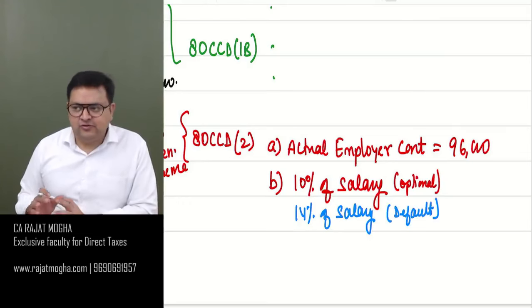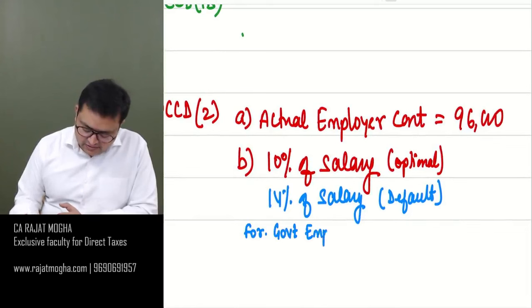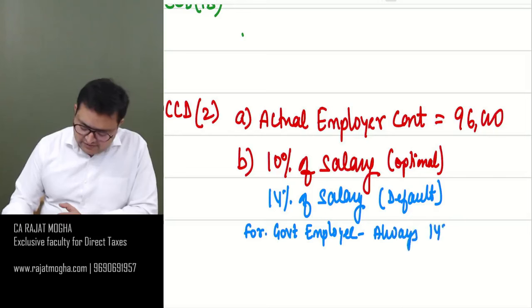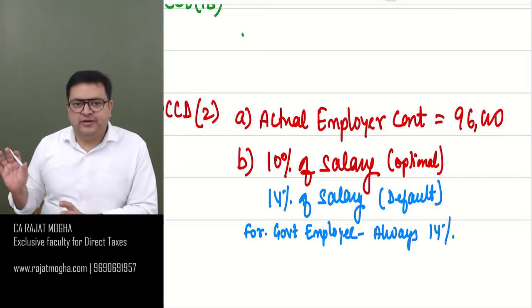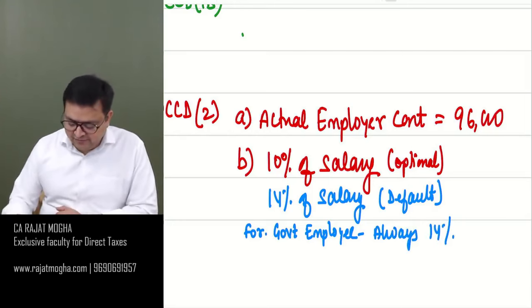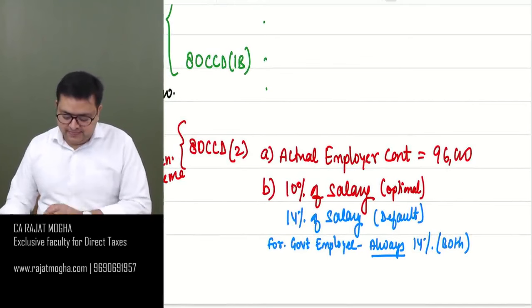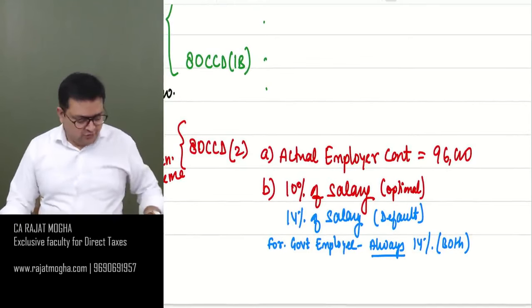One more thing, which is not that important: for government employee, always 14%, whatever regime you are following. I can say under both the regimes. Are you all okay with this?